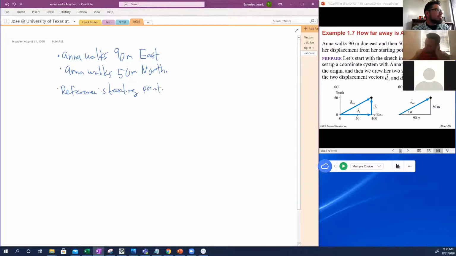In this case, we can make the coordinate X and Y equal to 0, 0. So we can make a nice little coordinate axis like that. We can say, okay, she started right here. If we map on those directions, the first thing says she walked 90 meters east.